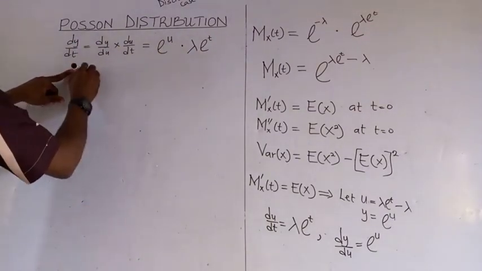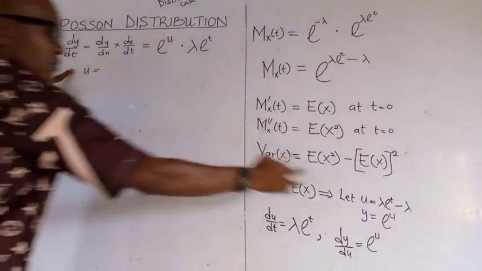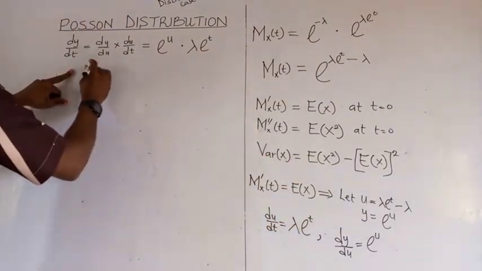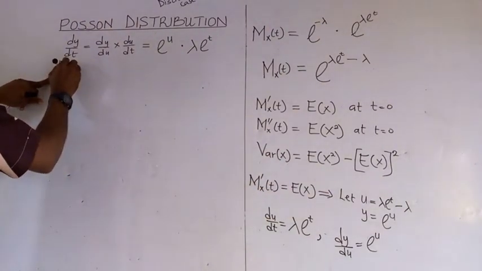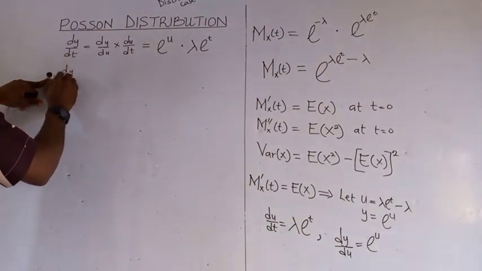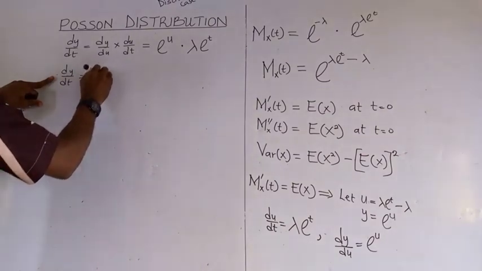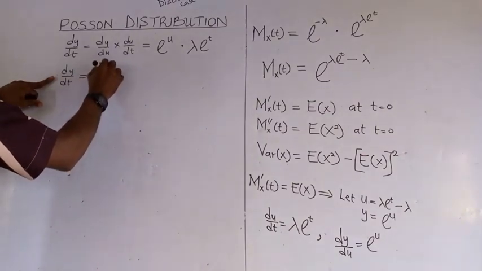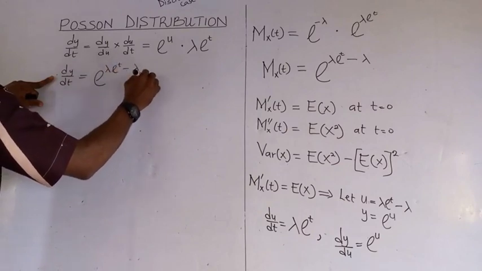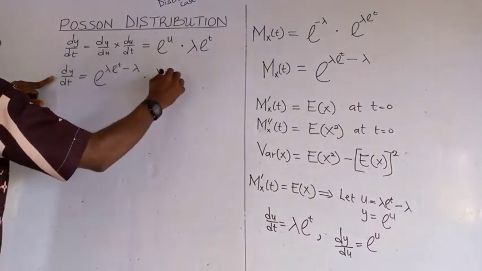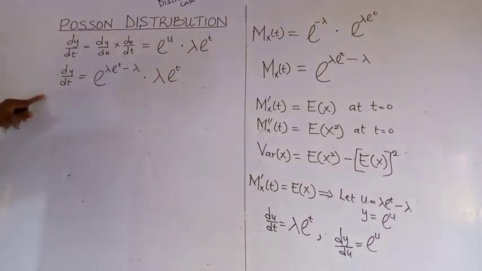Of course, we know that our u is equal to this function. So if our u is equal to this, we just bring it down, and dy/dt will be equal to e raised to the power of λ e^t minus λ multiplied by λ e^t.